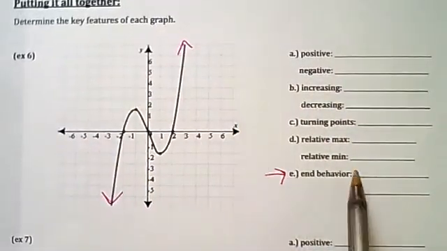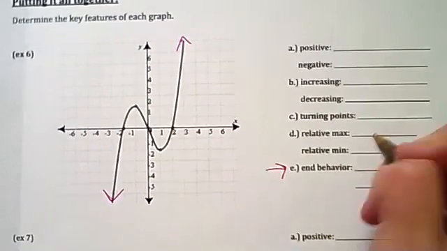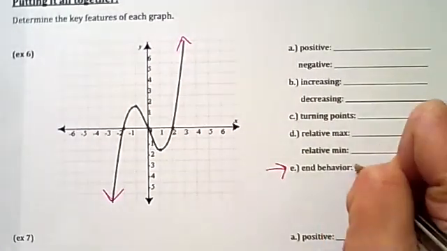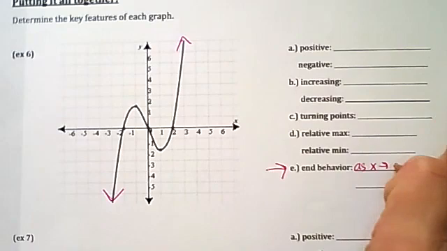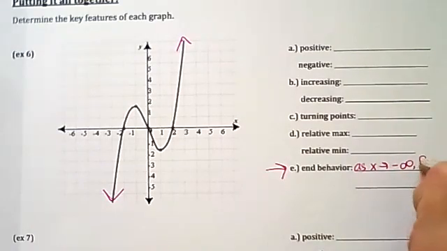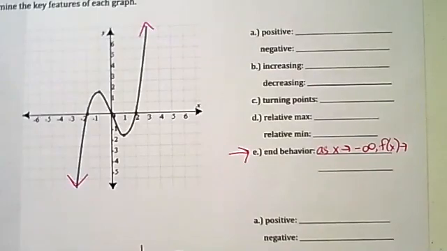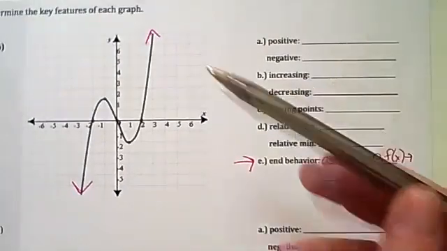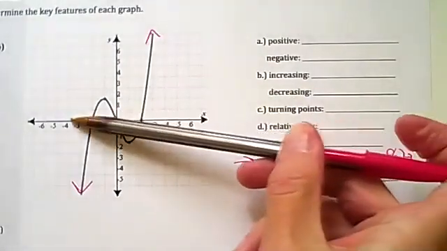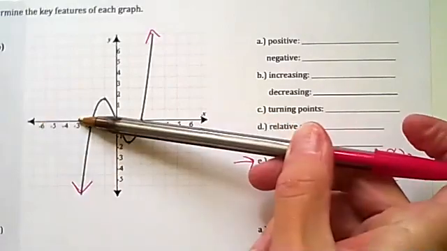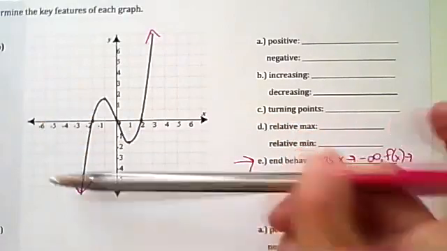This one I didn't put the stuff in for you. So it's supposed to be as x approaches negative infinity, f of x approaches, and then we fill in the blank. So we have to write that out. So as x approaches negative infinity, as we are moving to the left, do we see how we're going to negative infinity? We're going down.